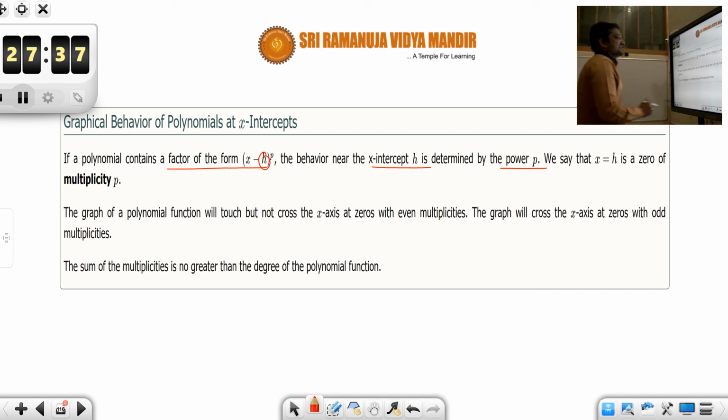So we say that x is equal to h is a zero of multiplicity p.